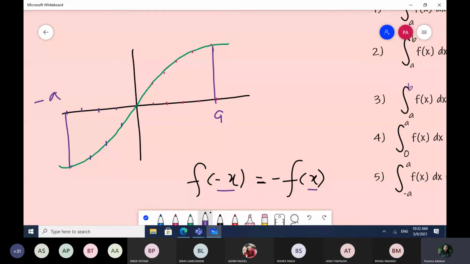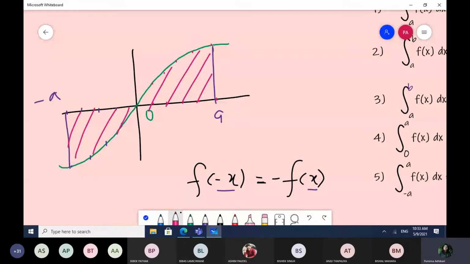If your limits of integration are minus a to a, how much will this total area be? Come on, make a guess. 0. Exactly, 0.